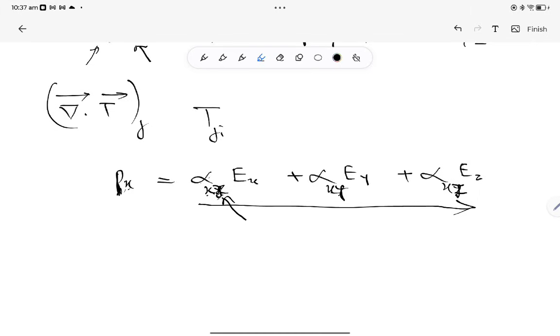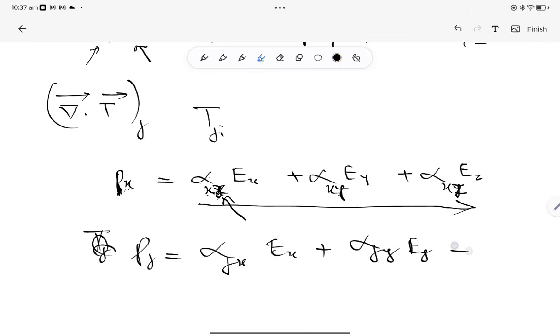That means we can write the jth component of this polarization as alpha jx ex plus alpha jy ey plus alpha jz ez.